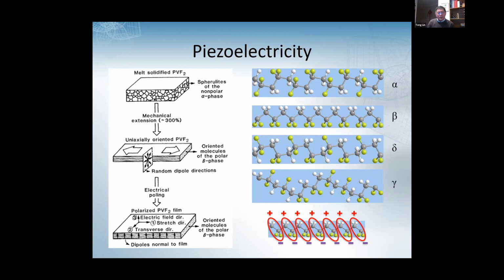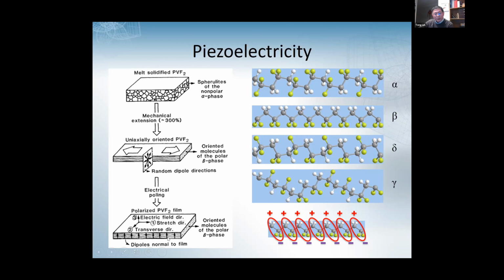The reason for this is that piezoelectric polymers contain quite different molecular conformations. Normally in the solid state, we call them crystal phases. For example, PVDF has at least 4 crystal phases, but only one phase, the beta phase, has strong piezoelectricity.